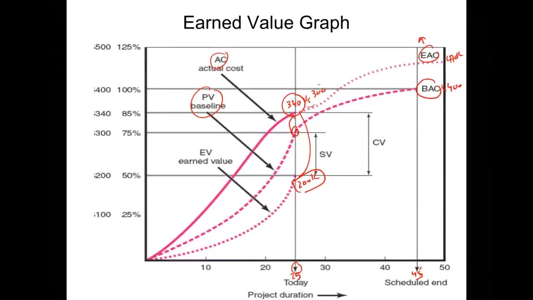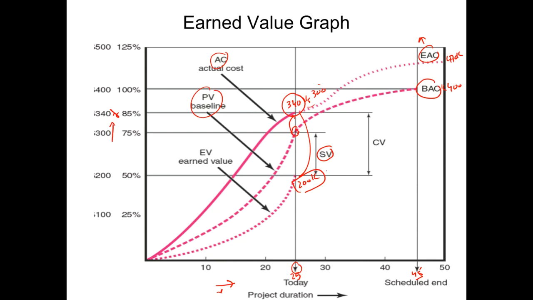On the y-axis, we can see the cost, and on the x-axis, we can see the time duration, right? So we use this term which is called schedule variance, which tells us how we are performing in terms of time.